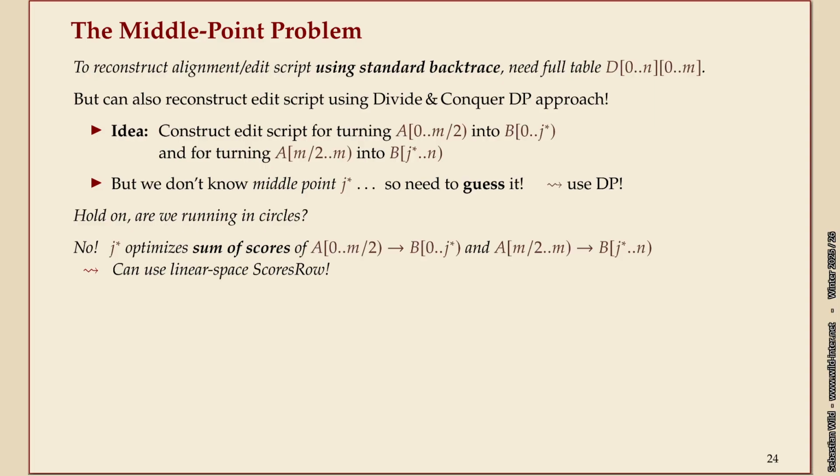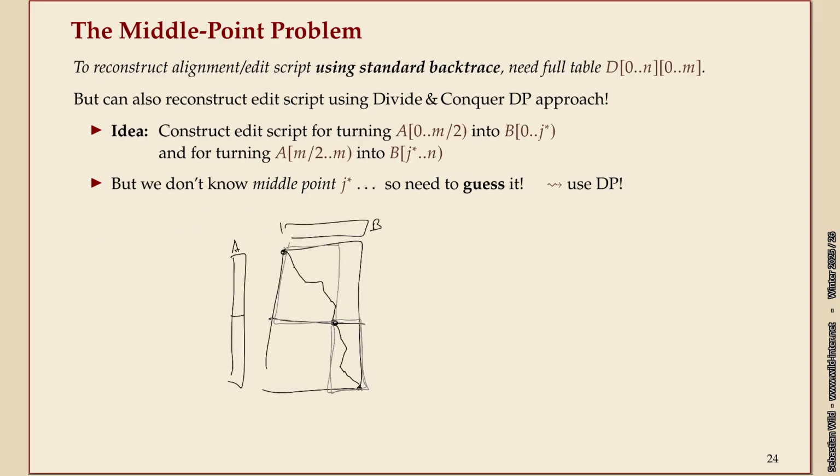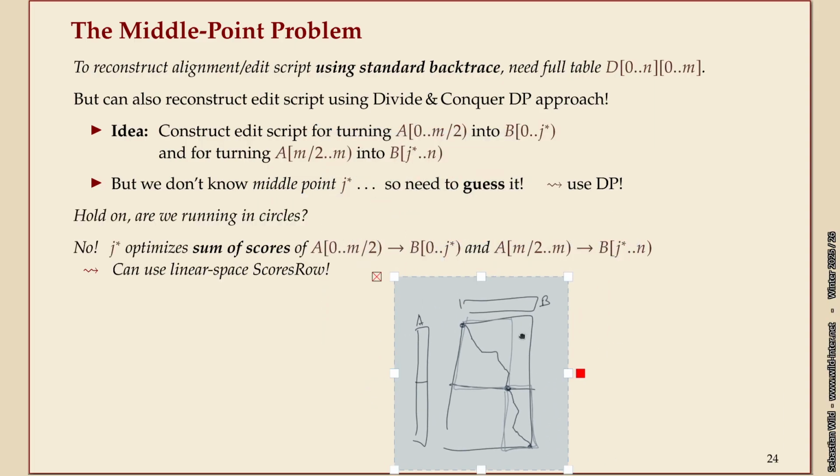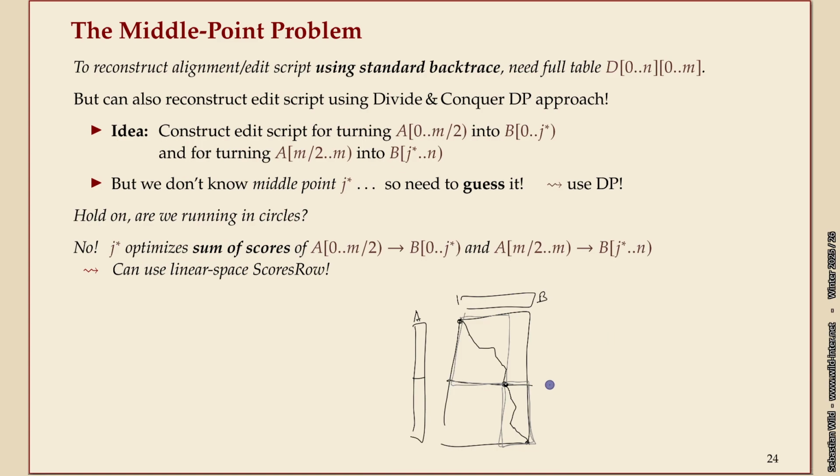If you want to do it in just the way we've done it so far, then you would need the backtrace, but you can work around in a different way. The best breakpoint in this picture, maybe let me take that. Such a lovely drawing. The best place to make this cut, and this is our J star.